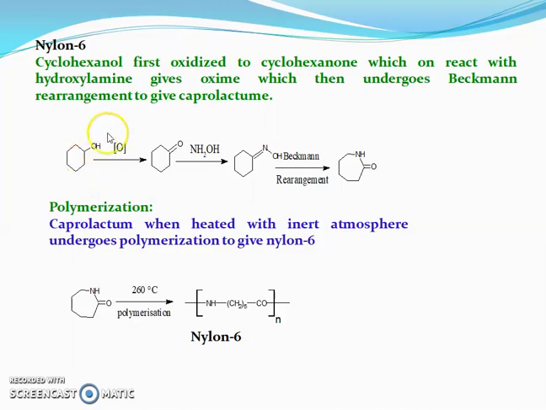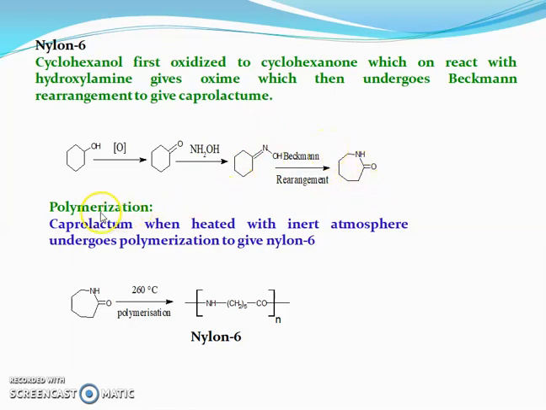Nylon 6 can be prepared by first oxidizing cyclohexanol into cyclohexanone, which reacts with hydroxylamine hydrochloride to give an oxime, and then this oxime undergoes Beckmann rearrangement to give caprolactam.